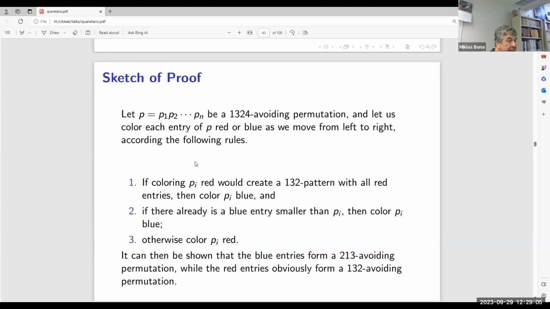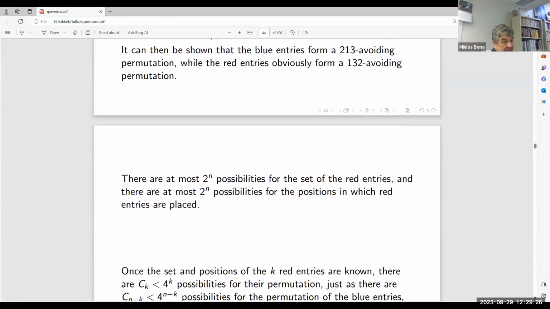On the other hand, you could say that lots of things will have to be blue after you already had a blue. But here's the problem with that. All these considerations, like that the first entry has to be red, the second has to be red, the left to right minima have to be red, will cut down on the number of possibilities, but not enough.